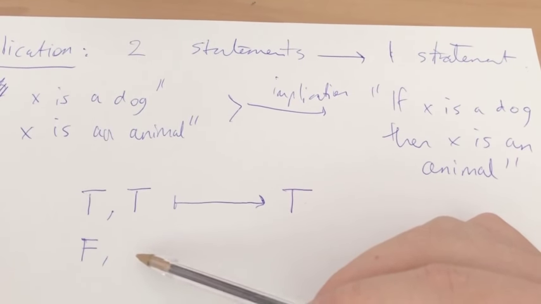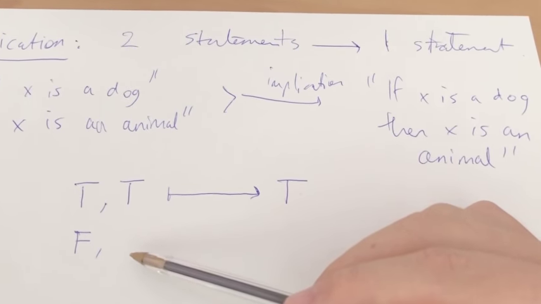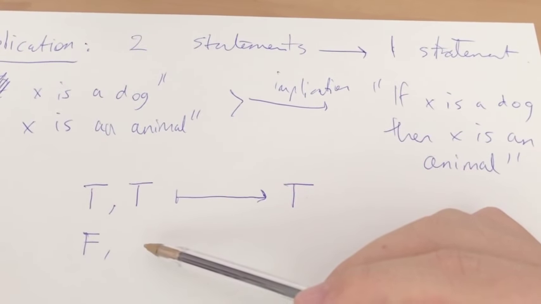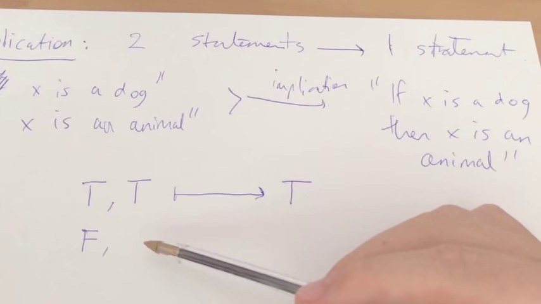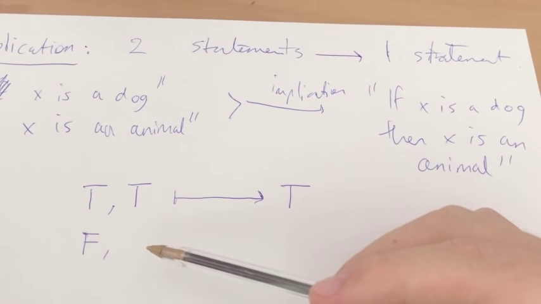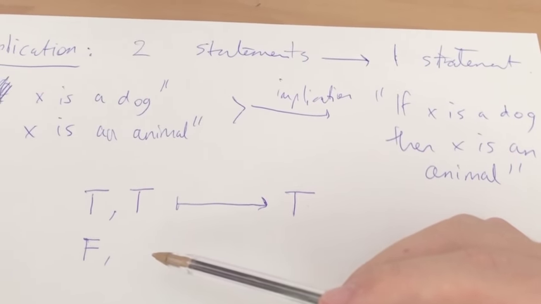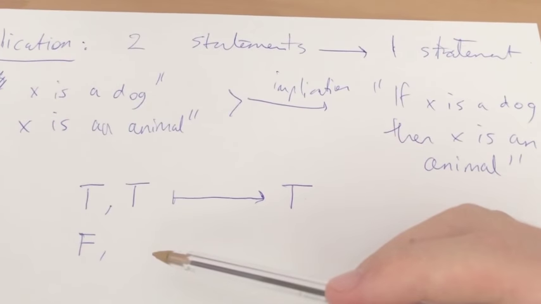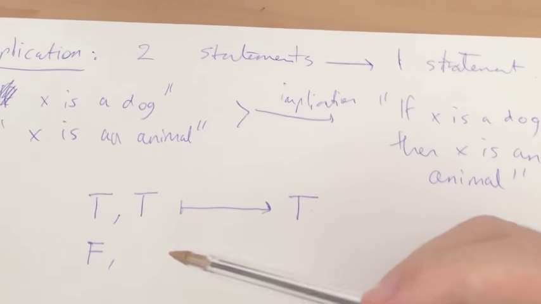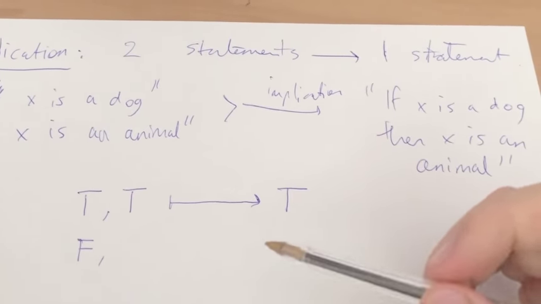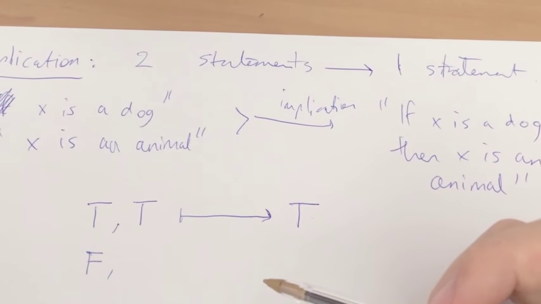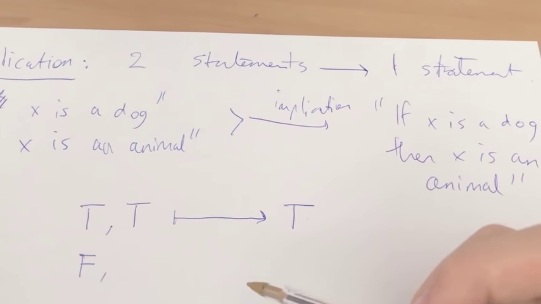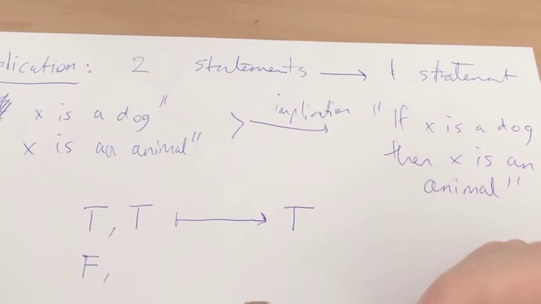Well, we just said that the statement has no responsibility to do anything in this case, so it still remains true: if X is a dog, then it's an animal. Since X is not a dog, it doesn't have to be an animal or anything. So whenever the if is false, the implication is still true. I'm saying the implication is true, not necessarily just the conclusion.